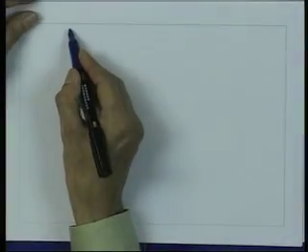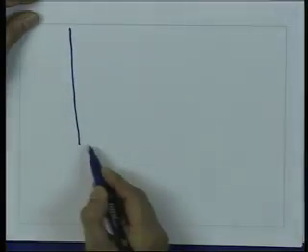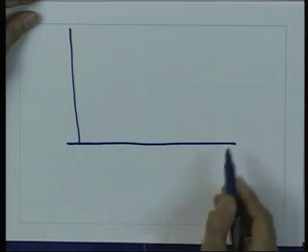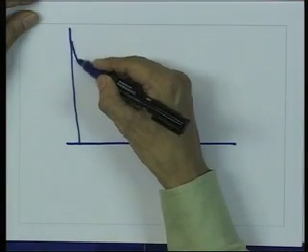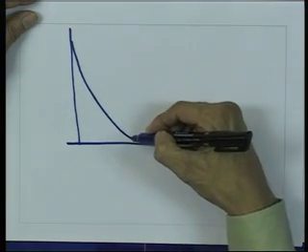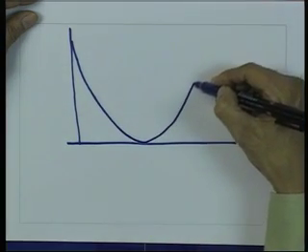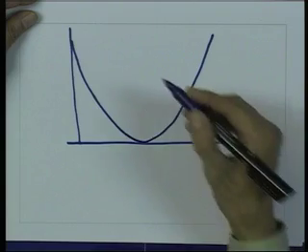Now, if we plot the mutual information for all these 3 cases, we will get a result something of this form.